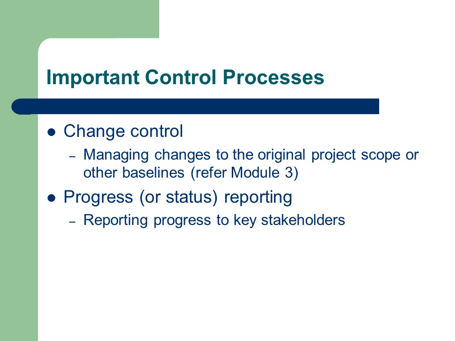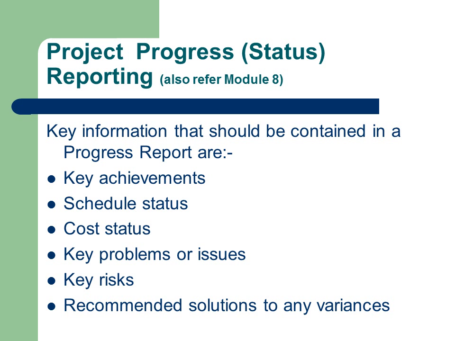The project sponsor or steering committee is the highest point of control for the project. As discussed in Module 8, a project progress or status report must be a concise summary of the project status for the period being reported.